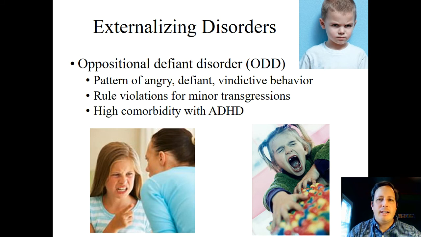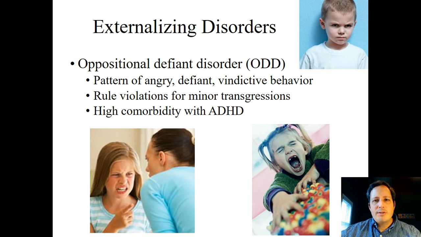It would be violating school or home rules. And there is a lot of comorbidity between ADHD and oppositional defiant disorder, meaning that both of those frequently occur together. If you are impulsive and get yourself into trouble and then you react against that, you can see where the two types of symptoms feed into each other pretty easily.